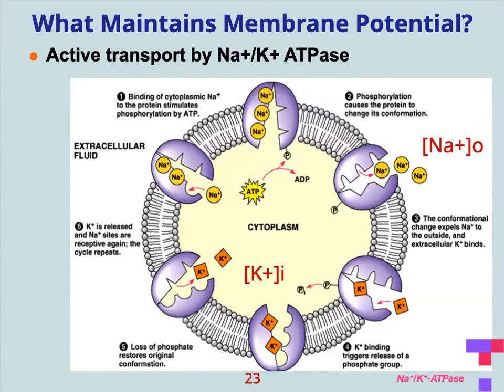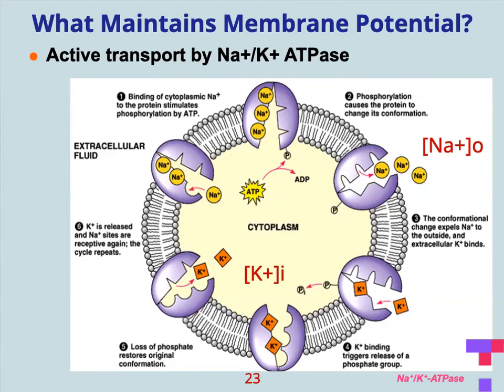In a cell, energy in the form of ATP is used to drive this pump. For each cycle of the pump, 3 sodium ions move out of the cell and 2 potassium ions move into the cell. The activity of the pump causes extracellular sodium to be higher outside the cell versus the cytosol, and intracellular potassium to be higher than outside the cell.